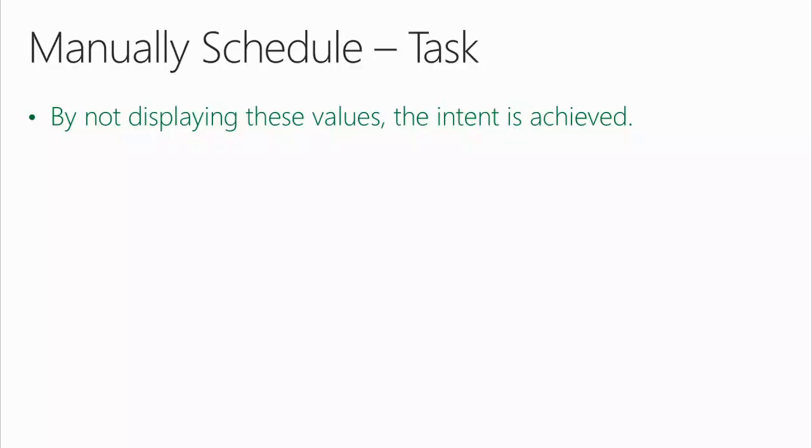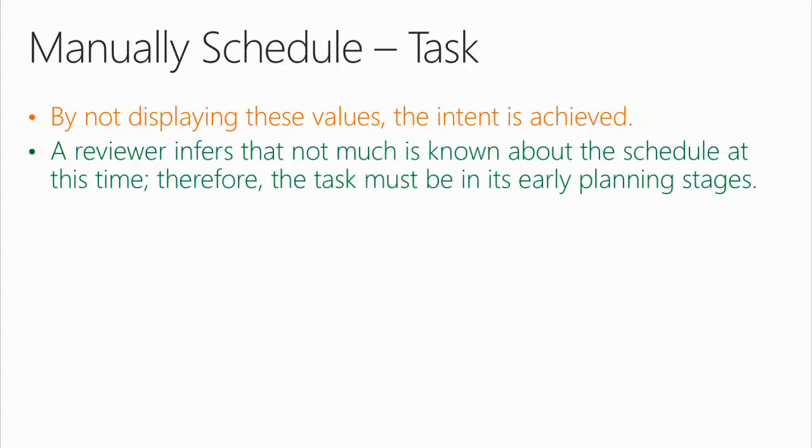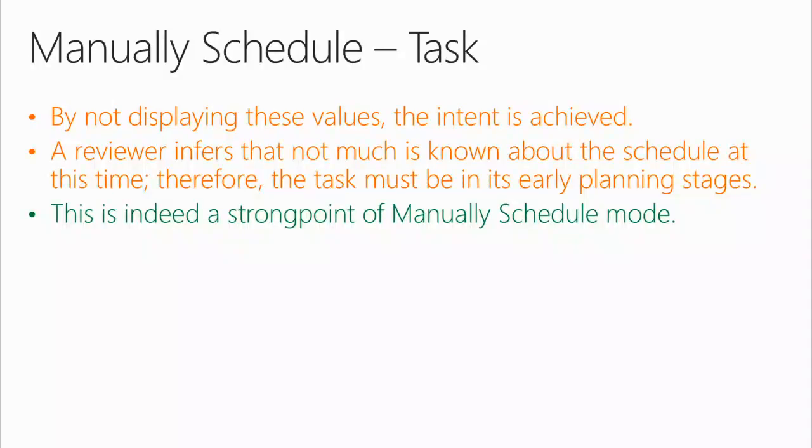Now, by not displaying these values, the intent is achieved. A reviewer infers that not much is known about the schedule at this time, therefore the task must be in its early planning stages. This is indeed a strong point of manually scheduled mode. Keep bearing with me.